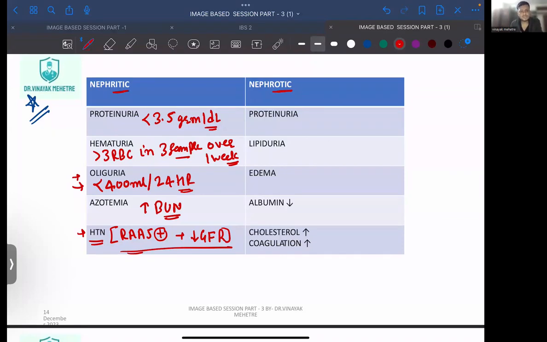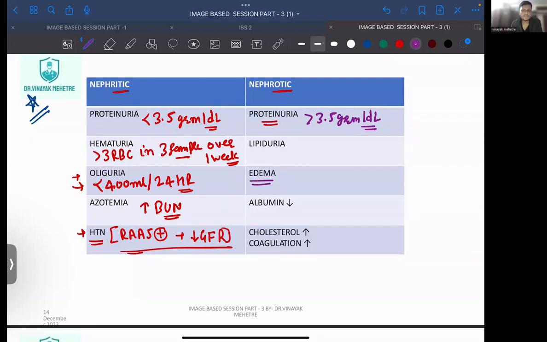Then comes nephrotic syndrome. There is going to be protein leak. In nephrotic syndrome, proteinuria for more than 3.5 gram per deciliter. Lipiduria, lipid will be also lost. Edema, we will get swelling on the body.